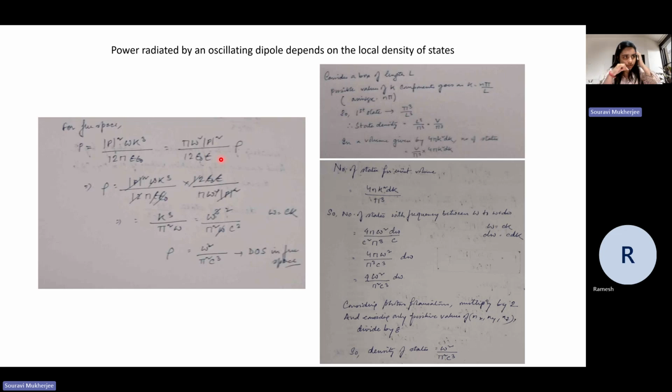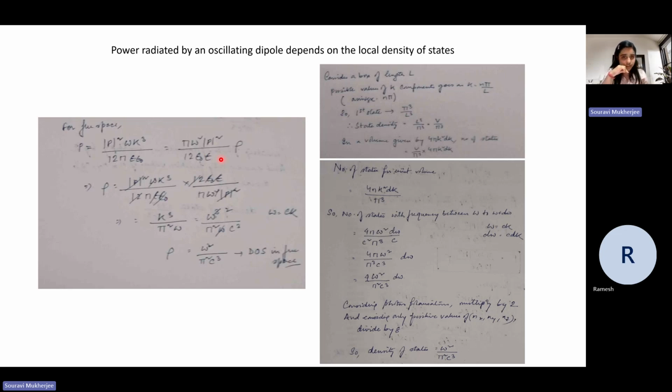Now, why I'm mentioning this is because there's this effect. The fact that if you have an oscillating dipole, the power radiated is affected by the density of states can also be analogous to what happens when you have a fluorescent molecule or some quantum source.